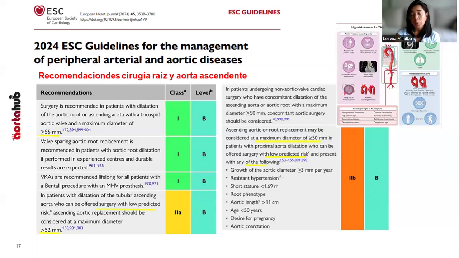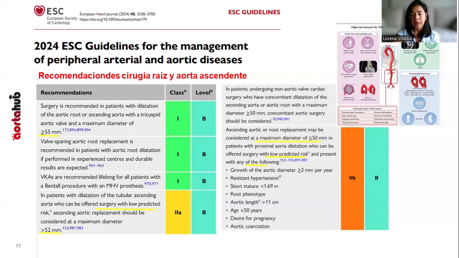They also suggest, albeit with less supporting evidence, that patients with dilation of the ascending aorta or root with a diameter greater than or equal to 50 millimeters and who also present a low risk and may show some of the following predictive factors or high risk indicators for dissection.